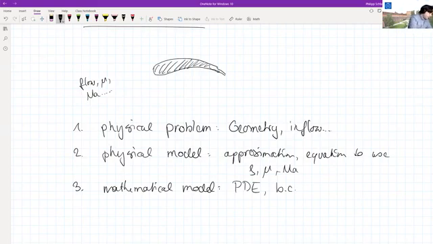So if I go back to my little sketch here, it would mean that I would need to define a partial differential equation. I need to define the boundary conditions on the surface, for instance. I also, at this stage, would need to truncate my domain.